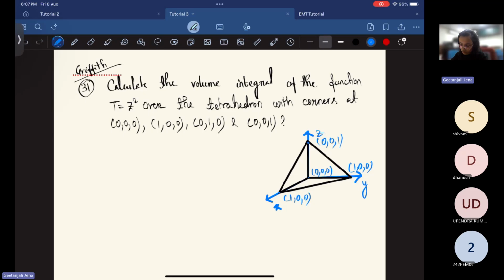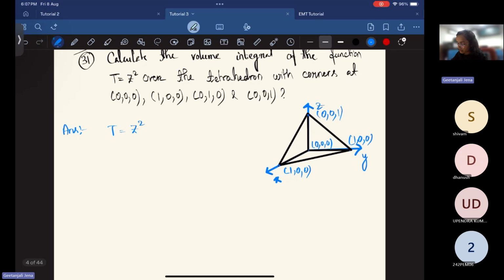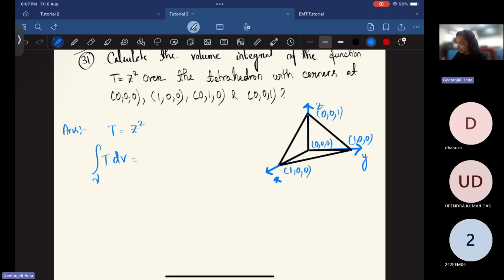The question asks us to find the volume integral of the function z square over this tetrahedron. In Cartesian coordinates, this is nothing but the integral of T dV over the volume V, which will be z square dx dy dz.